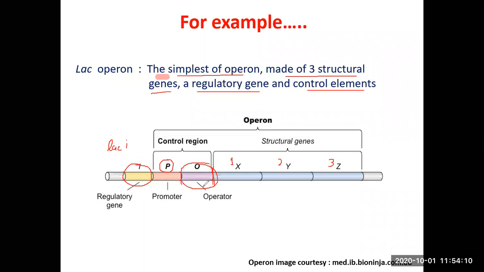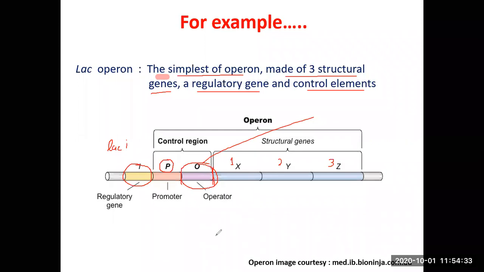Operator is usually the site for binding of the regulatory gene product, the protein coded by the regulatory gene, in the control region.